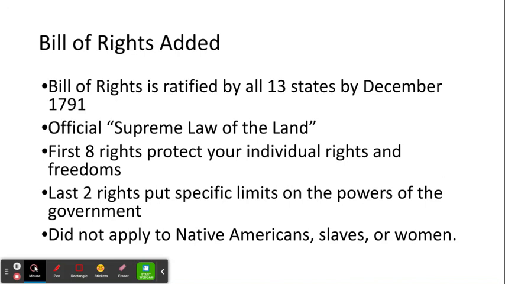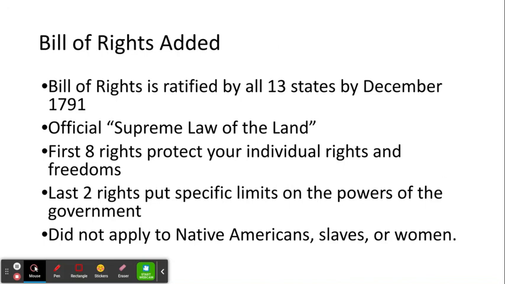But just kind of a general rule of thumb, the first 8 rights protect your rights and freedoms as a citizen. In other words, because you were born here, you have the right to freedom of speech, freedom of religion, freedom of the press, so on and so forth. You have the right to bear arms. You have the right to protect yourself against unlawful search and seizure, so on and so forth.